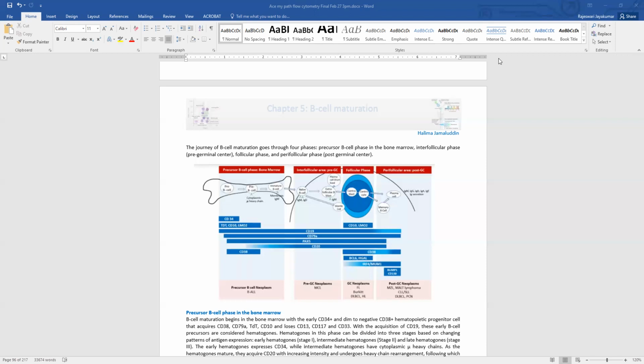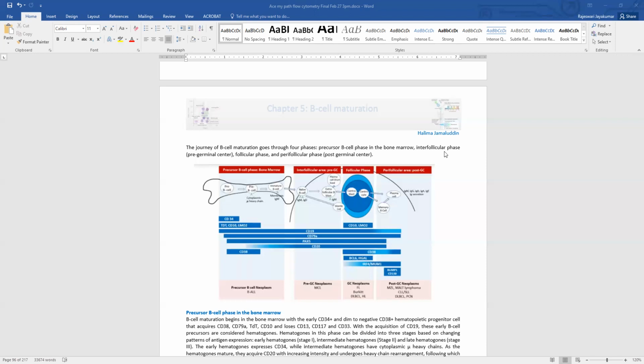So plasma cells do not express PAX5 and CD20, but they express CD79A, CD19, and MUM1. So that's why we use MUM1 or CD79A and CD138 for staining our plasma cells in tissues.